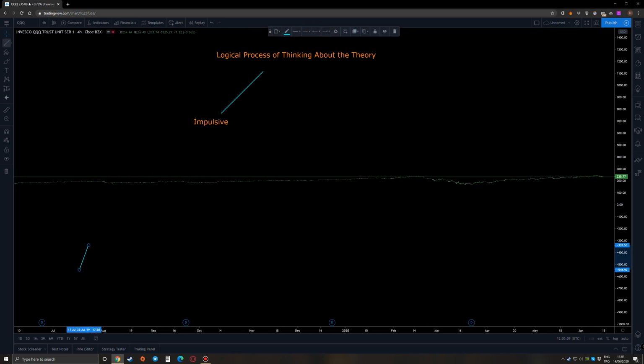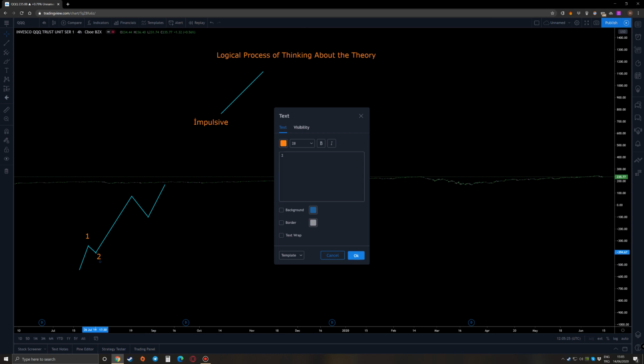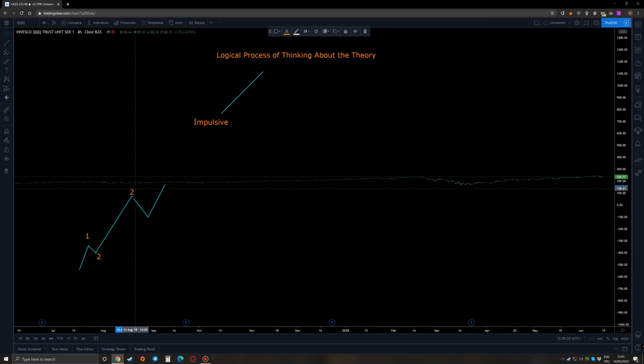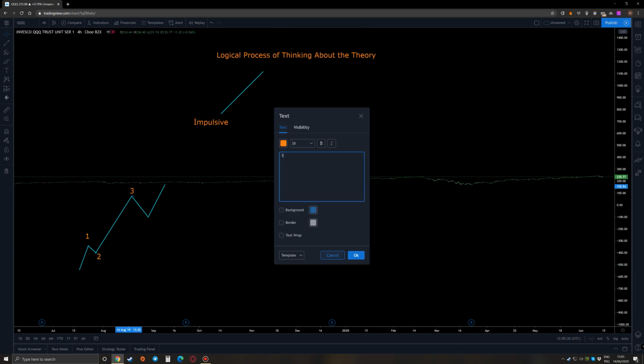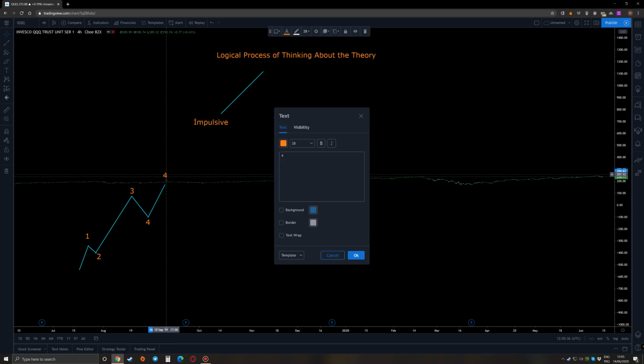1, 2, 3, 4, and 5. And let's label it 1, 2, 3, 4, and 5.